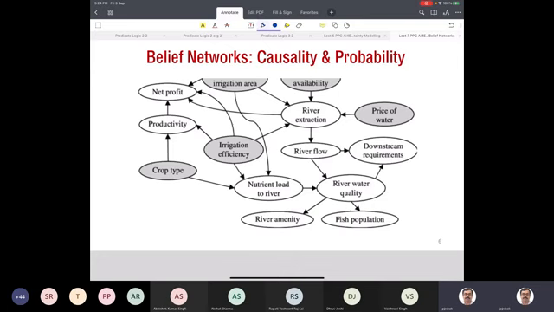Similarly, the river water quality depends on the nutrient quality and the river flow. Based on these two, the river water quality happens, and the fish population here depends on the quality of the river. These are like the implications that I just showed you. A implies B. But we want to model that A implies B with probabilities that we just mentioned.